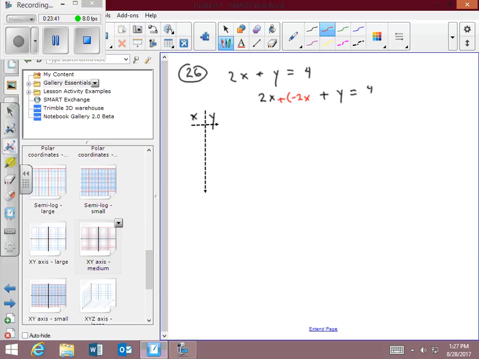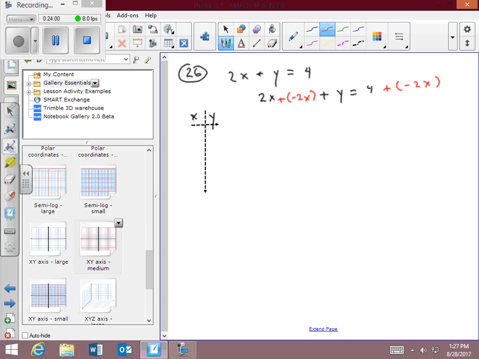And what I'm going to do is add a minus 2x to both sides. Why am I going to add minus 2x? Because it's the additive inverse of 2x.